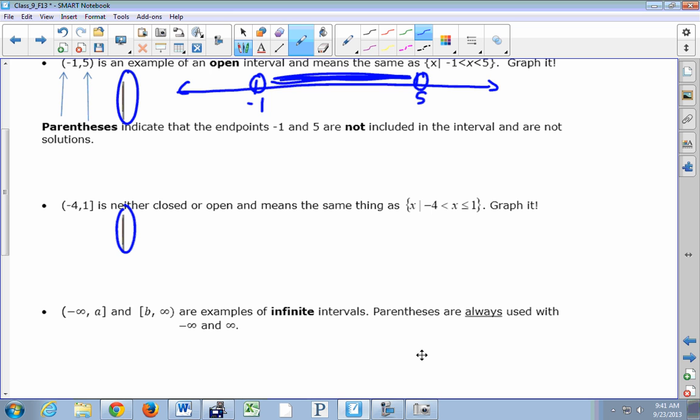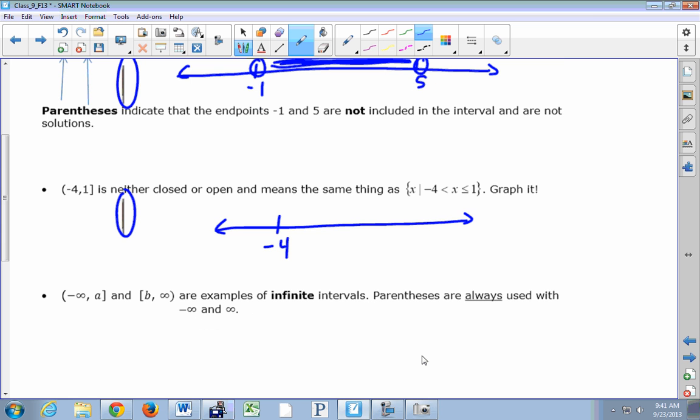Okay, the next one we have parenthesis -4 and bracket 1. So we go to -4, we put in a little tick, and then we go to 1. And then what do I do with the 1? Is that included or not included? Yeah, the staple's on 1, right? The staple gun. So that gets colored in. What about -4? It's an open parenthesis, so that's a circle.